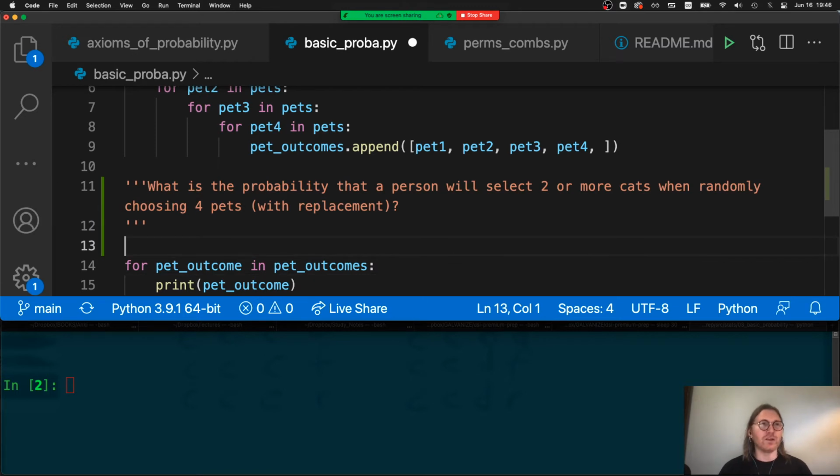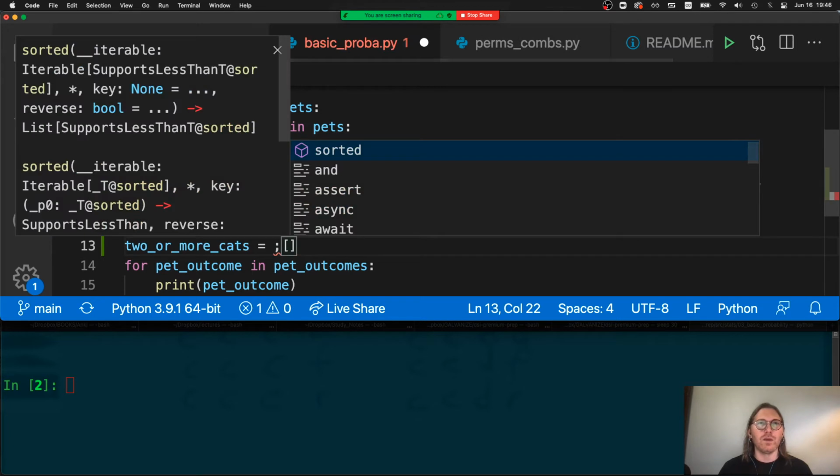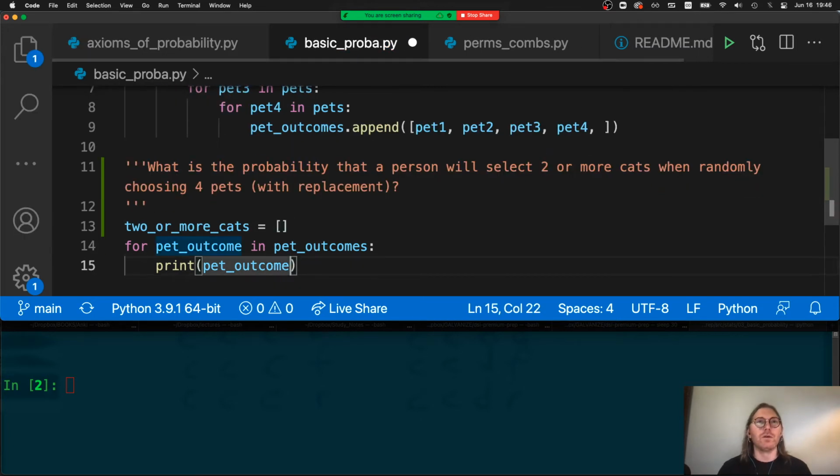So let's make a collector, 2 or more cats. And instead of just printing these outcomes, let's look at it this way.